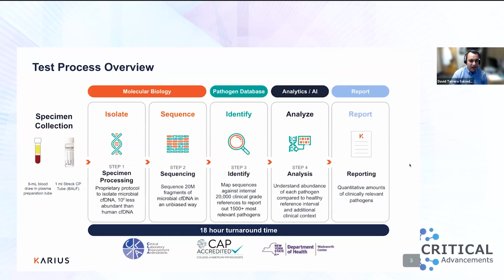So the Karius test involves collecting a specimen. Maybe not all of us are familiar with the test. Plasma testing has been available for quite a while. It usually involves drawing blood, which is then separated into plasma. Step one is processing after collecting the specimen. Once that is processed, the sequencing happens. It's next generation.